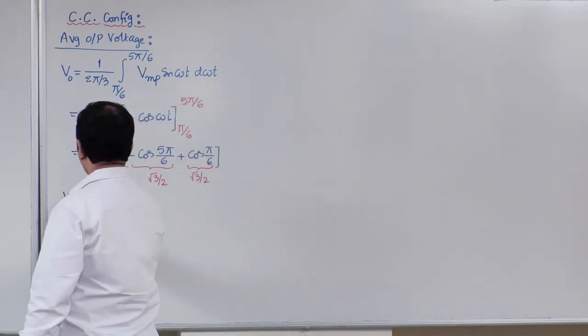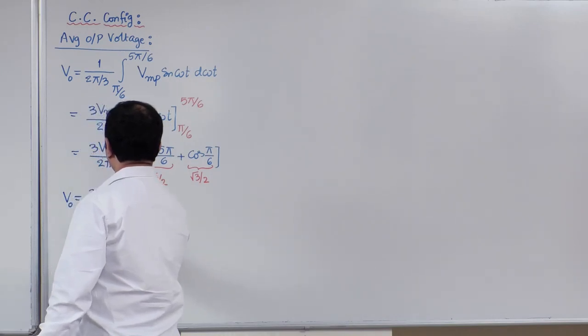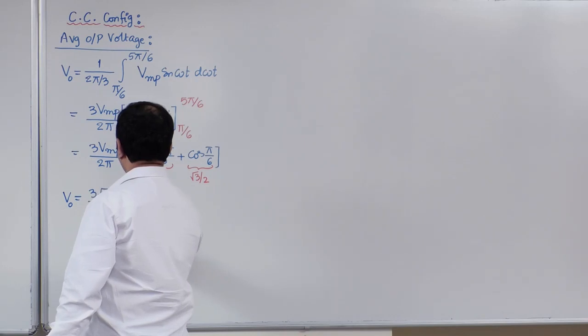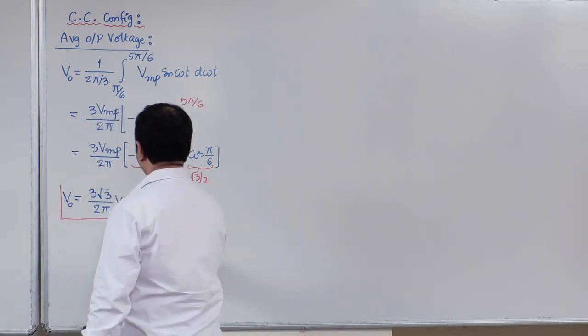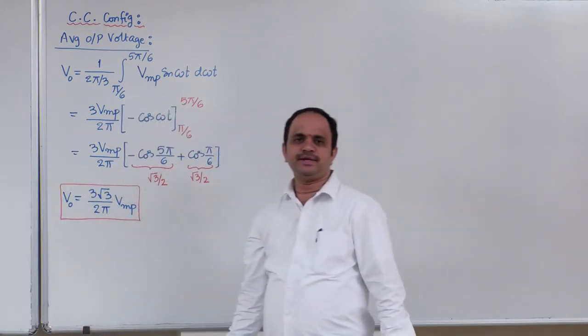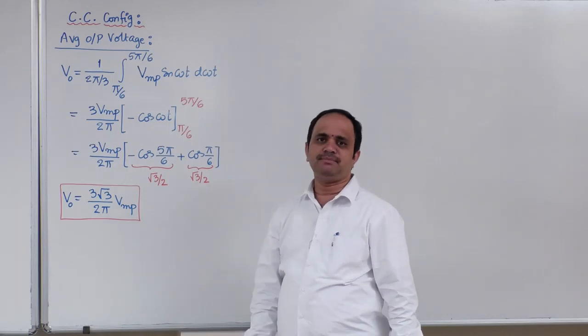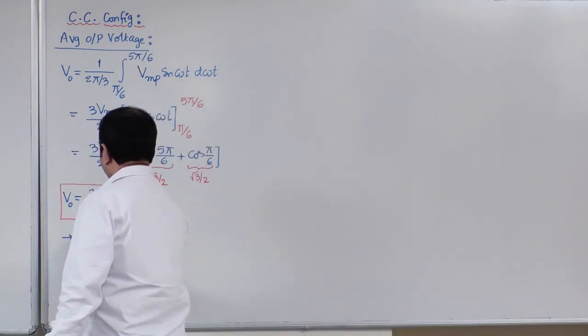Hence, average output voltage is equal to 3 root 3 by 2 pi into VMP. V0 equation is 3 root 3 by 2 pi into VMP.